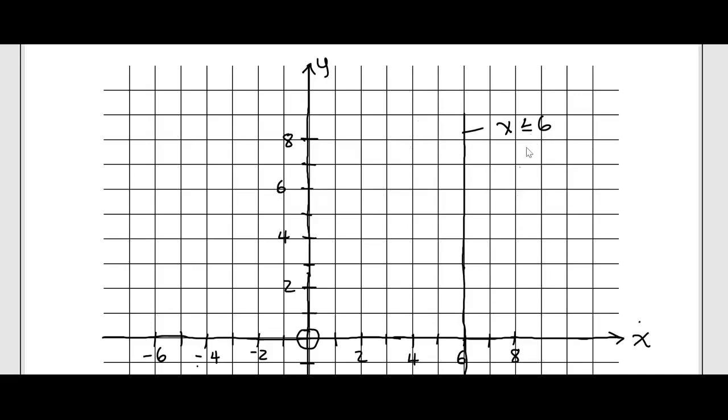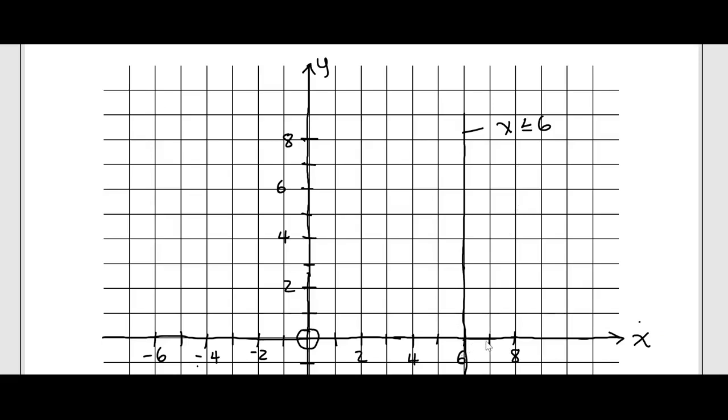Which side has values that are less than 6? This is 6. If you go to your right, then it is increasing: 6, 7, 8, 9, 10. So those values are more than 6. But our x is supposed to be equal to or less than 6.